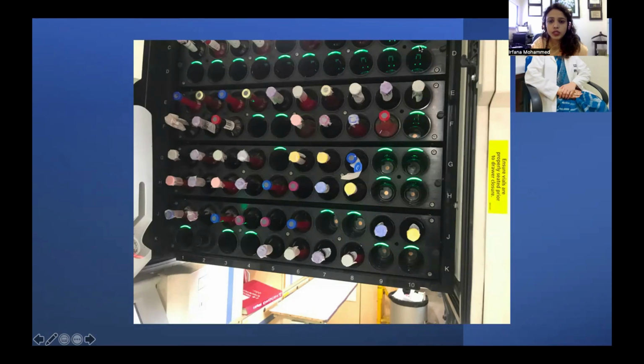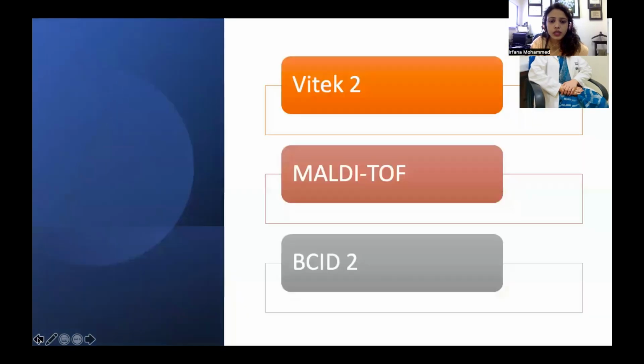Flagging positive means that the color of the light will change, to red or green. Depending on that, you see whether the culture is flagged positive or not. Then after the culture has flagged positive, we have different methods to identify the bug and do the sensitivity testing.